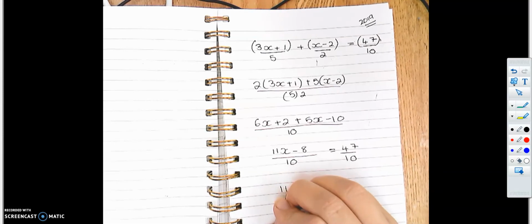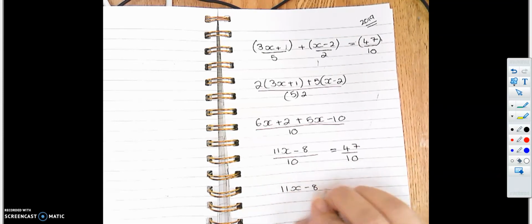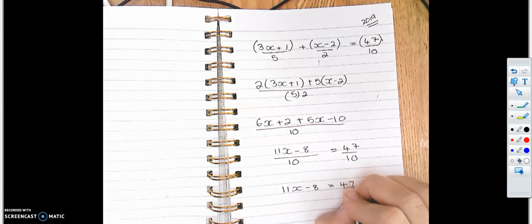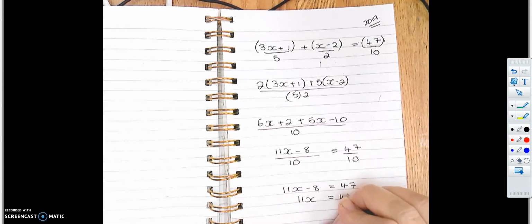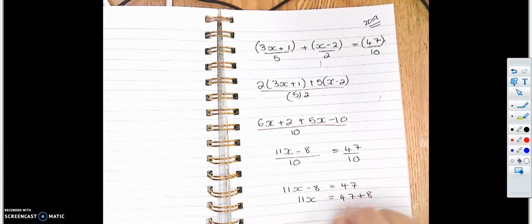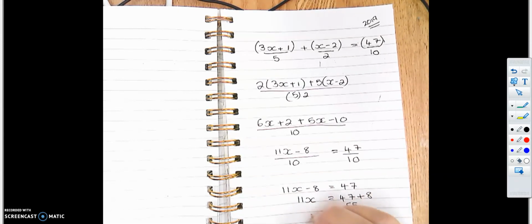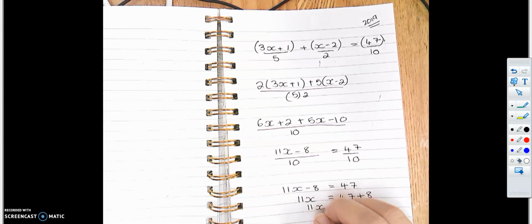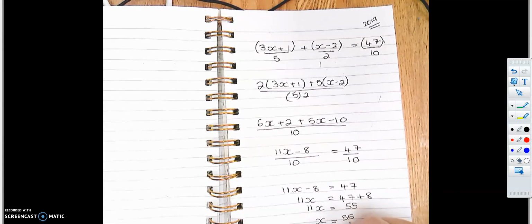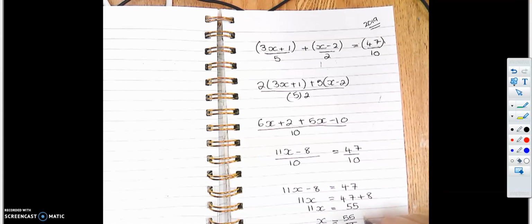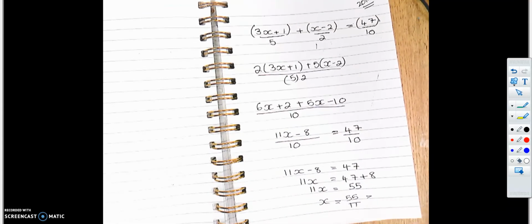So you can just rewrite it as 11x minus 8 equal to 47 and tidy it up. So 11x is equal to 47 plus 8. 47 and 8 is 55. So 11x is 55. X is 55 divided by 11, which is simply 5.